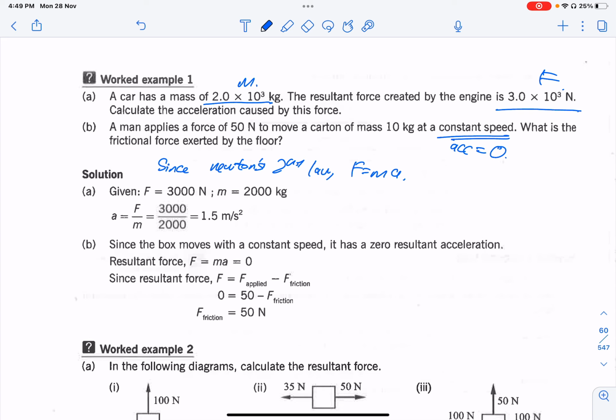So the resultant force is the force the man applied minus the frictional force caused by the carton, so 0 equals 50 minus frictional force. Therefore, frictional force is 50 Newton, because in this case, they balance out in a way.